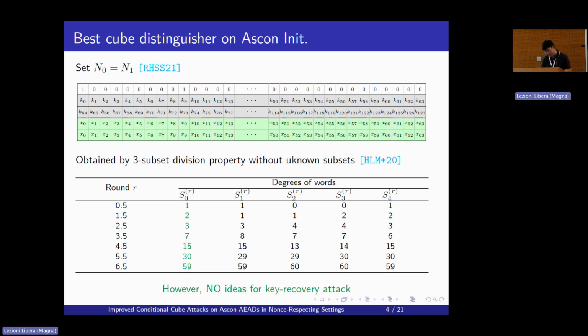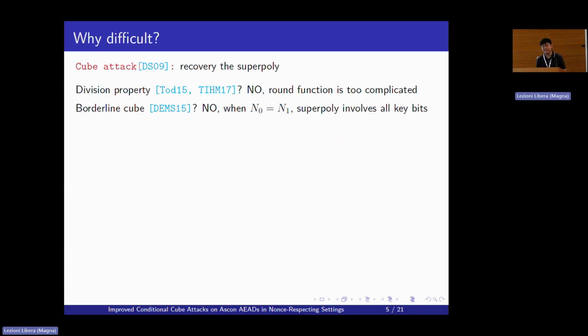With this algebraic degree, we can use a 60-dimensional cube to get a zero sum. However, at that time there was no idea how to use this cube distinguisher for a key recovery attack. Why is it difficult? Because it's a cube distinguisher, we basically have 2 ideas. The first is the cube attack, where we need to recover the superpoly of this cube. For superpoly recovery, there are 2 methods.